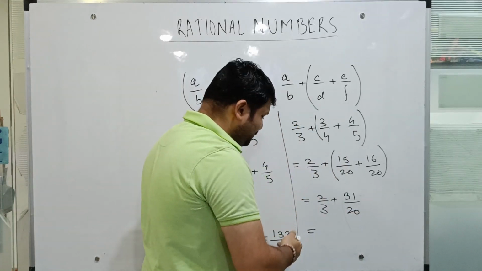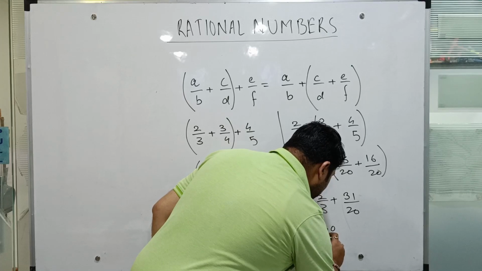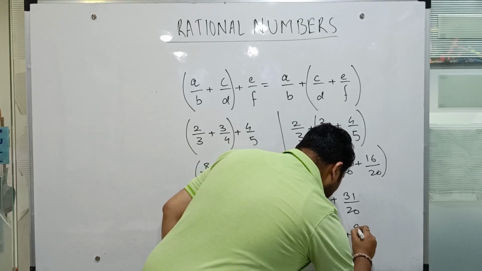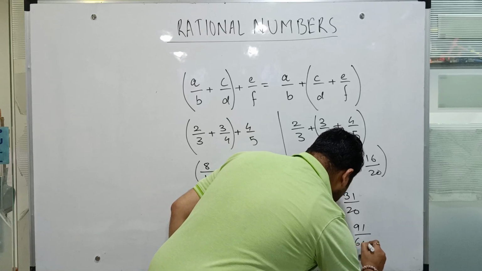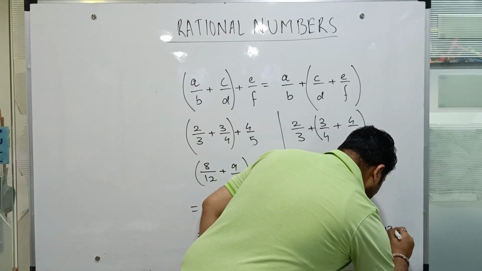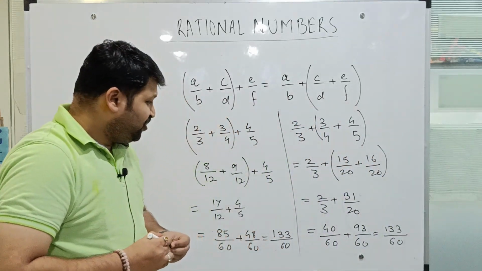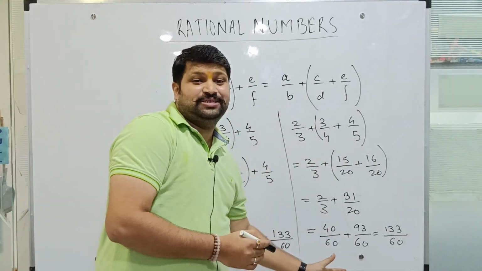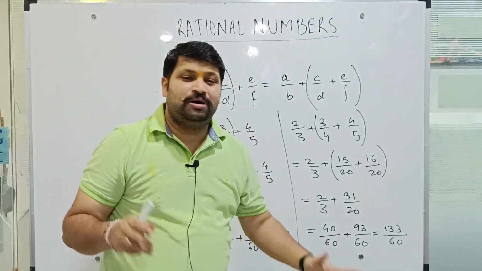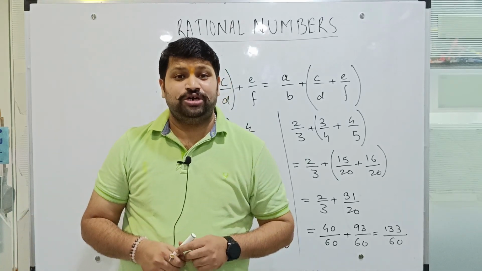I cross multiply it again and I add it. It would be 40 upon 60 plus 93 upon 60, giving the final answer as 133 upon 60. So if you see, in both the cases we got exactly the same answer. So you take rational numbers, you group them separately, you add them up, the final answer would remain the same. This property is called associativity.